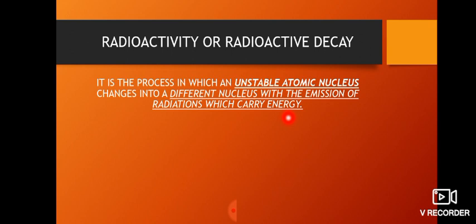So the key words in our definition are unstable atomic nucleus, which will change into a different nucleus with the emission of radiation and energy. The radiations are the ones which carry the energy. So radioactivity is just an atomic nucleus which is unstable trying to become stable by emitting radiation.